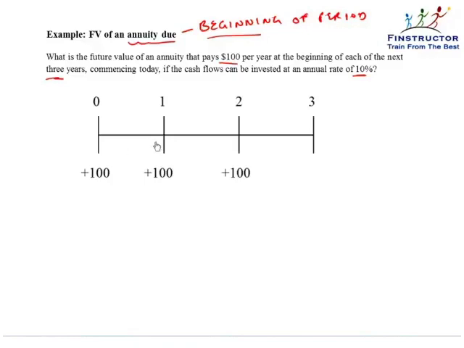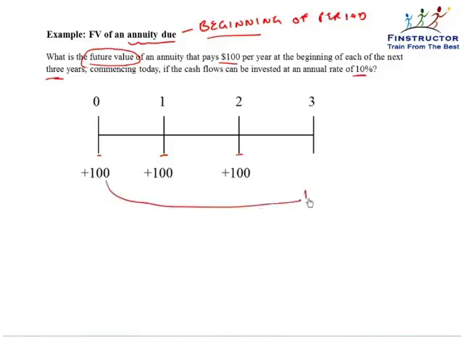So 3 payments, first coming at the beginning of the first year, the beginning of the second year, and the beginning of the third year. So t equal to 0, t equal to 1, t equal to 2, and we're asked to compute the future value of these payments.